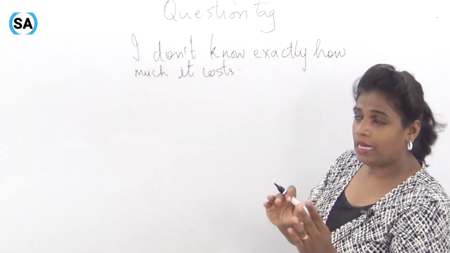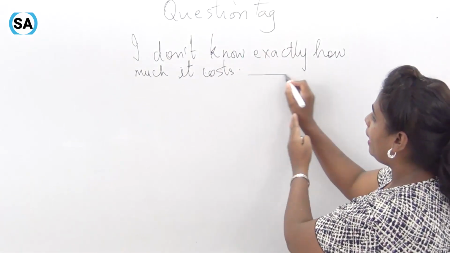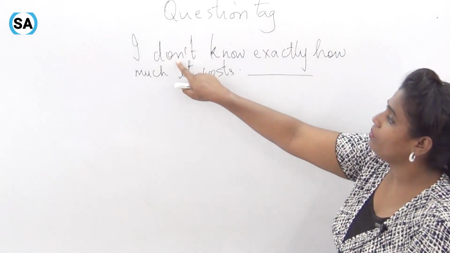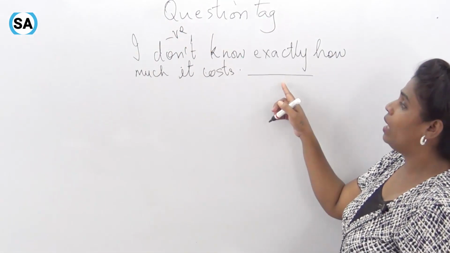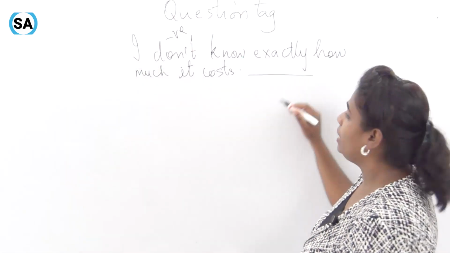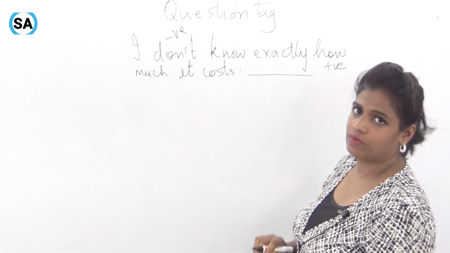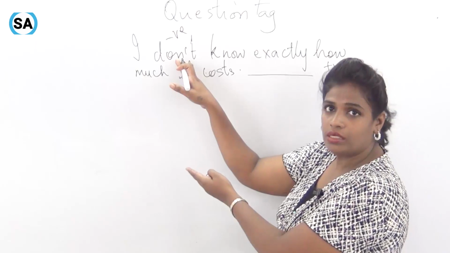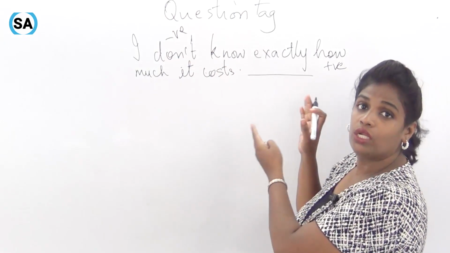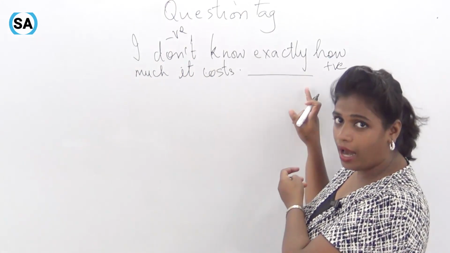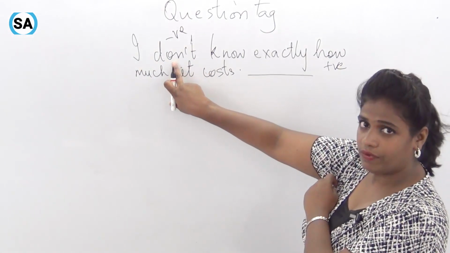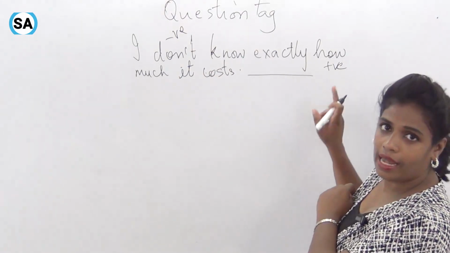When we add the question tag at the end, we have to see this is negative, so our question tag will be positive. If we say do not, here we will say do I. I don't, do I. So when we get a negative word here, our positive word ends here.